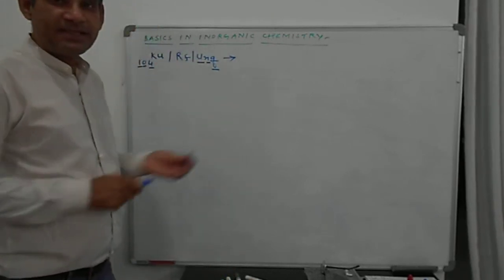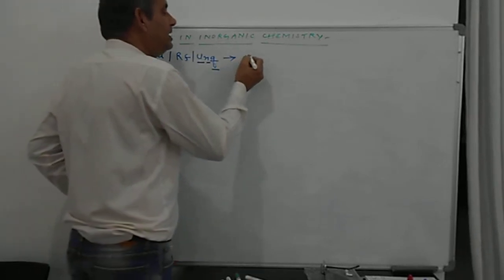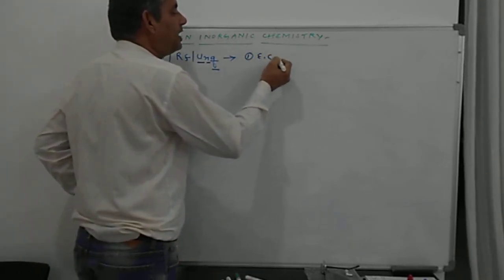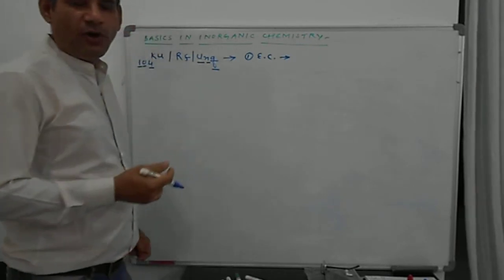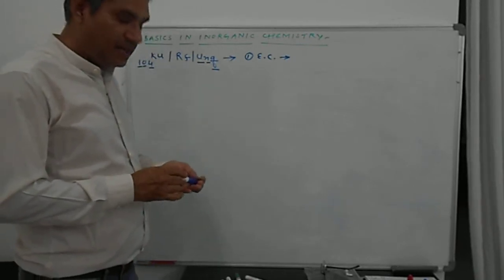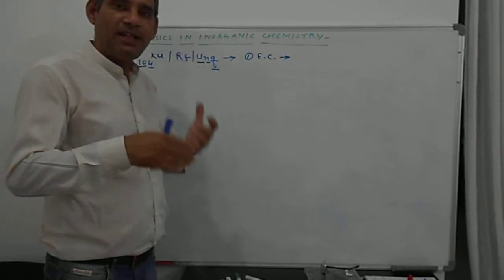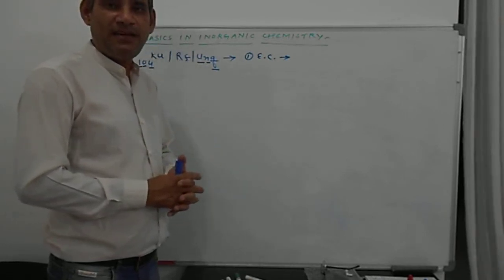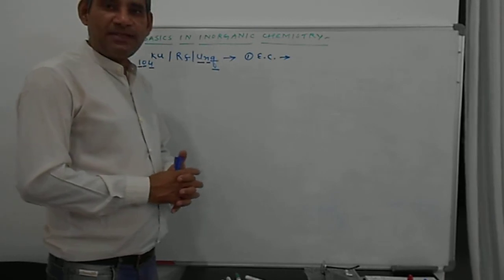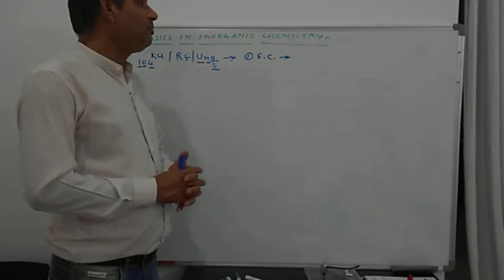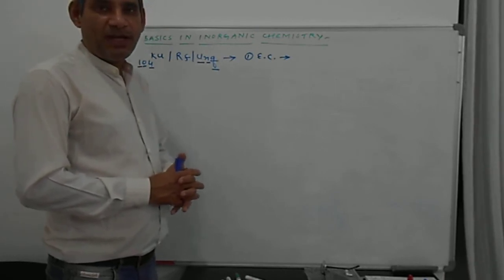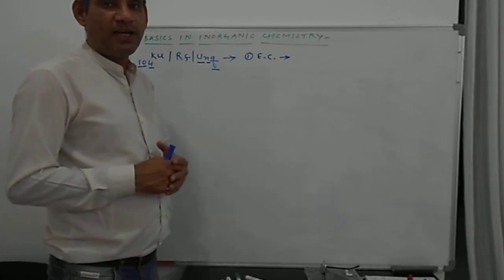Now for this element, first we will discuss its electron configuration. Aufbau is a German word which means building up. This question was there in Delhi PMT. According to the Aufbau principle, electrons are filled according to energy level.